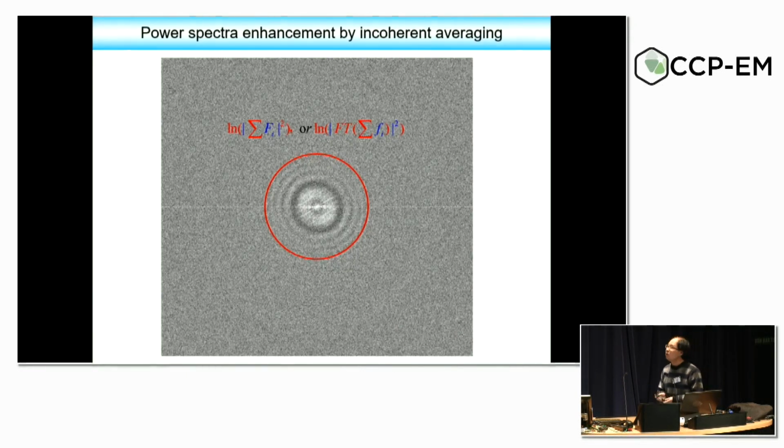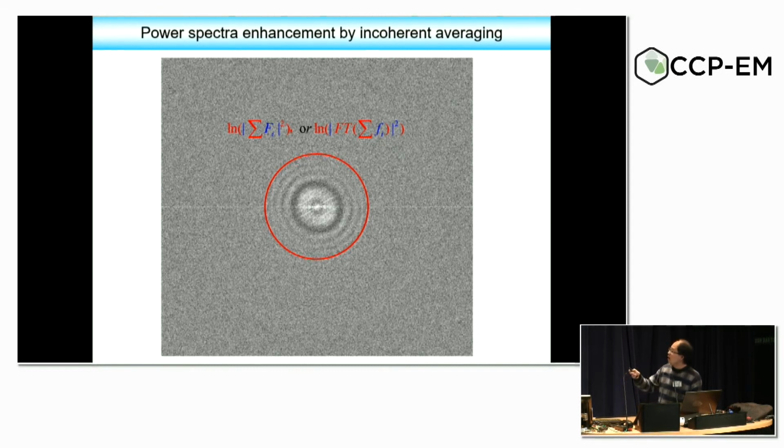In addition to the CTF information from the tilted micrograph, I would mention that we still have some information lost during the movie data collection, because each frame might be different.